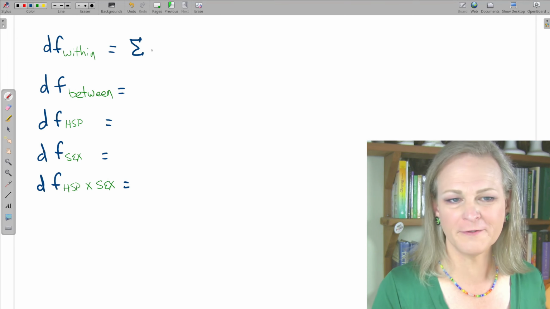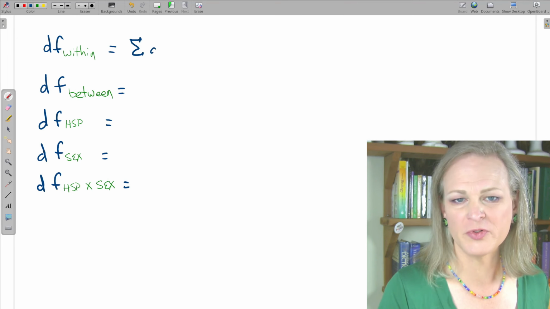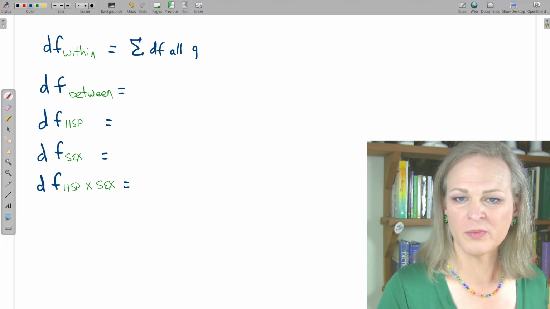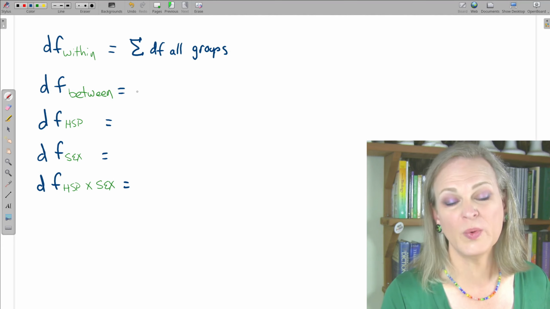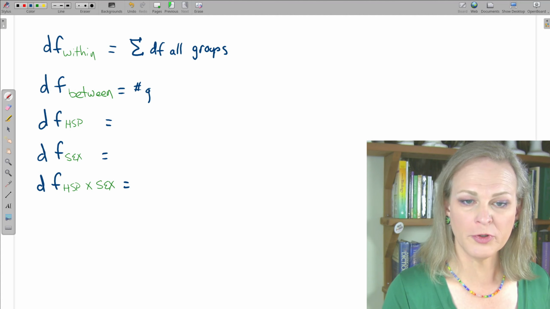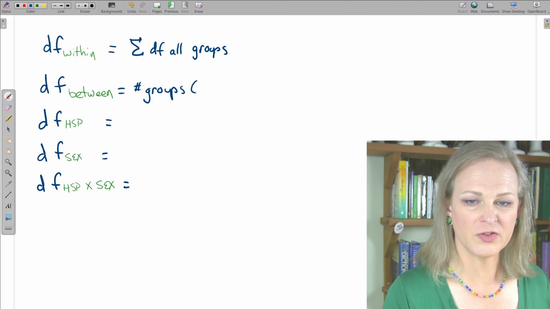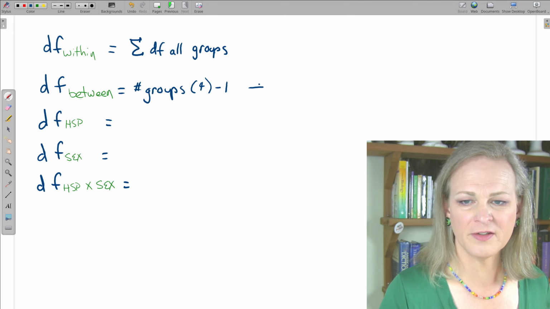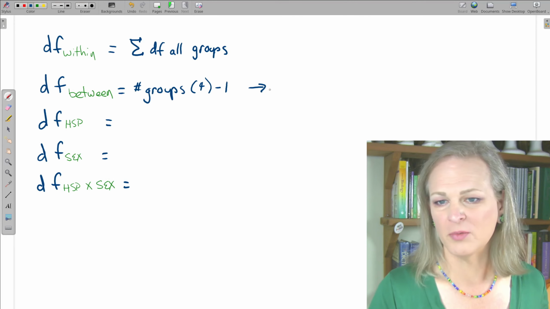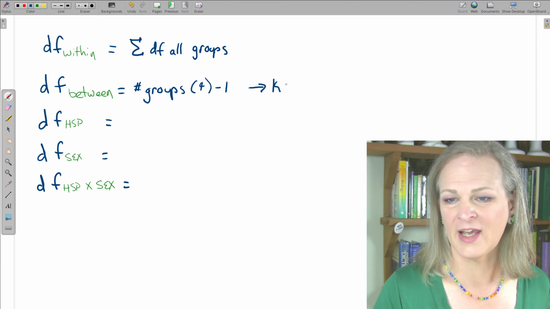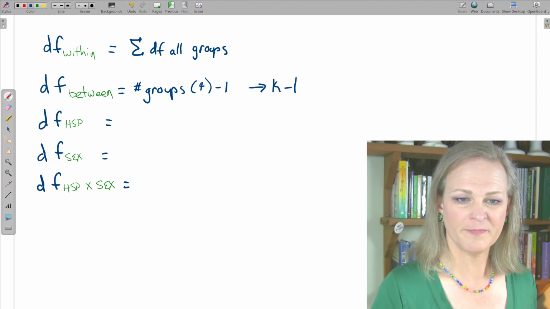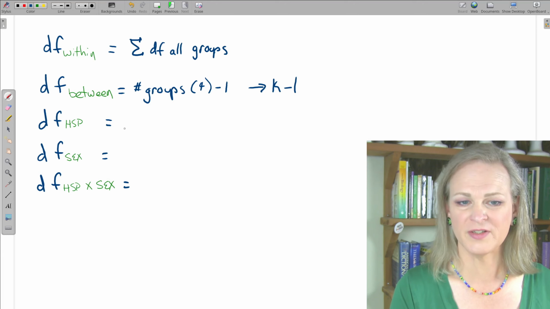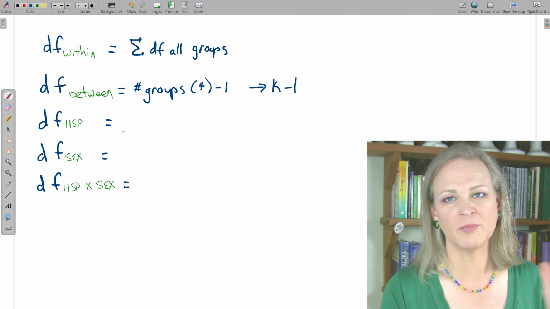The degrees of freedom within is just the sum total of the DF from all the groups. The degrees of freedom between is the number of groups, which in our case is 4, minus 1. And there's another way that this is referred to. The number of groups is also called k, so k minus 1. Now, the degrees of freedom for our treatment conditions go by rows and then by columns, right?